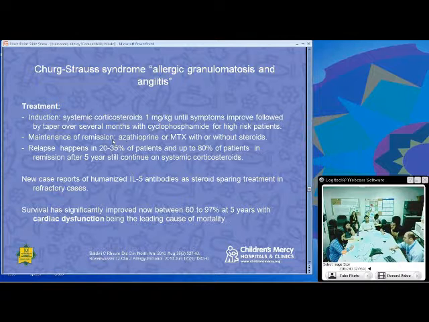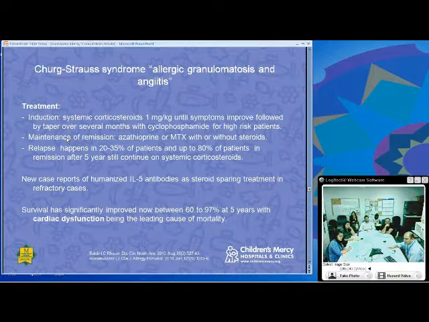Relapse can happen in up to 35% of the patients, and in older reports up to 80%, but in the newer reports, relapse has been lower than before. Most of the patients continue on systemic corticosteroids for many years. There have been some case reports of humanized anti-IL-5 to try to decrease the dose of the steroids.